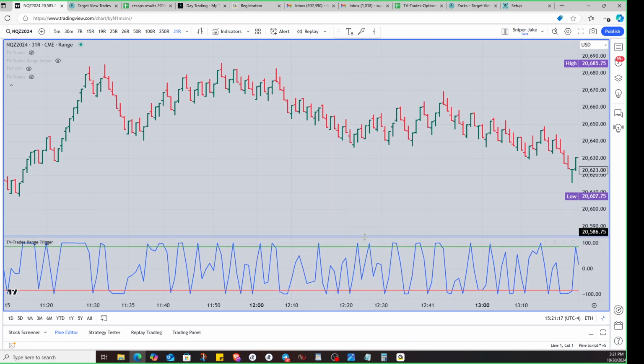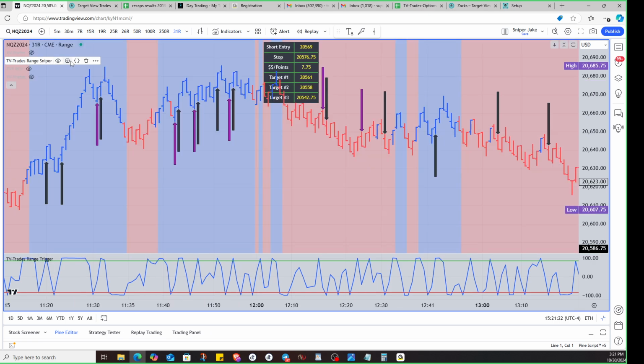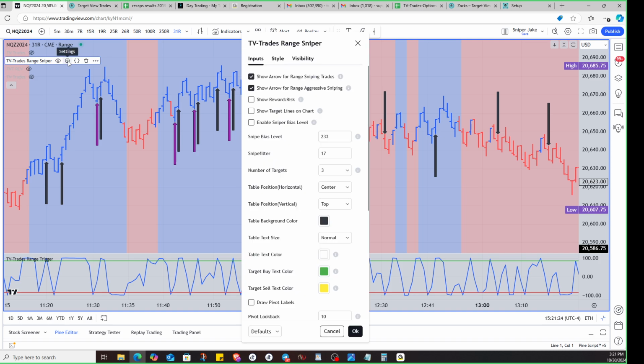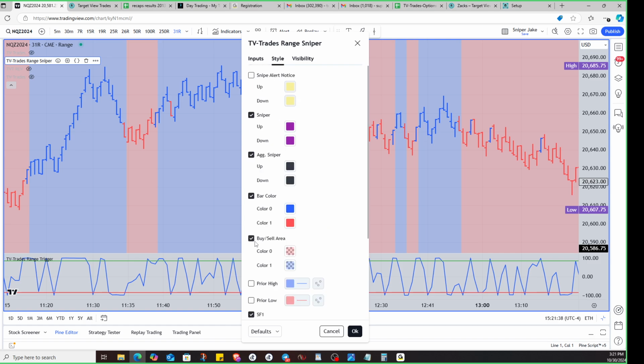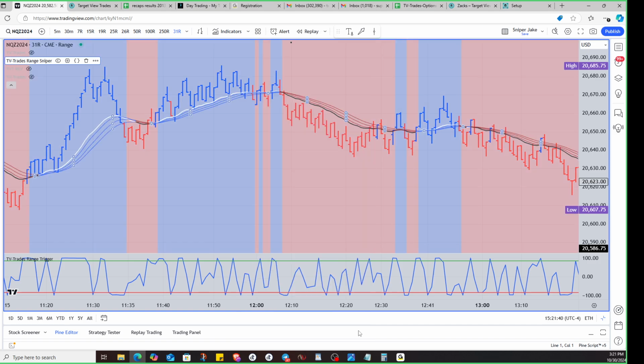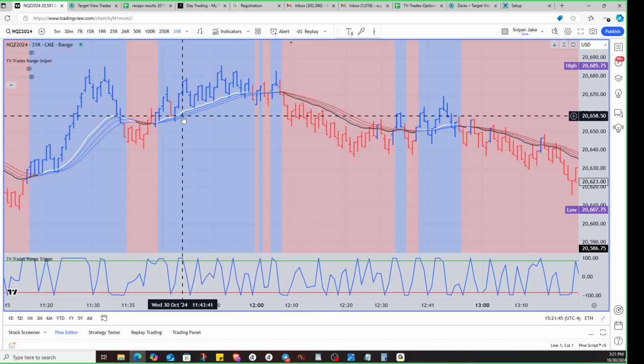Now you can identify the trend any way you want, but there is something that's built into the sniper right here. If we turn this on, and let's shut off all the other things, and we'll make this 777. We can even go in here and shut off the colors. Actually, I kind of want to leave the colors on. So see, this is kind of color coded now.